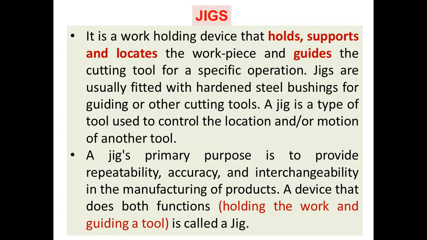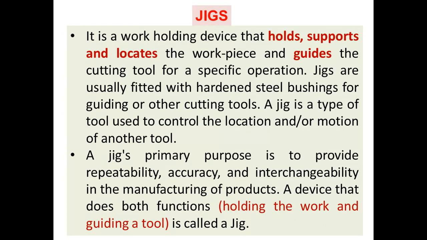So what is a jig? Jigs are additional tooling that we make to ease the mounting and location of the component. Particularly, a jig holds, supports and locates the workpiece. Along with that, the important aspect is that it guides the cutting tool for a specific operation. So when we are talking about a jig, these are the main aspects we have to see: hold, support, locate and guide.